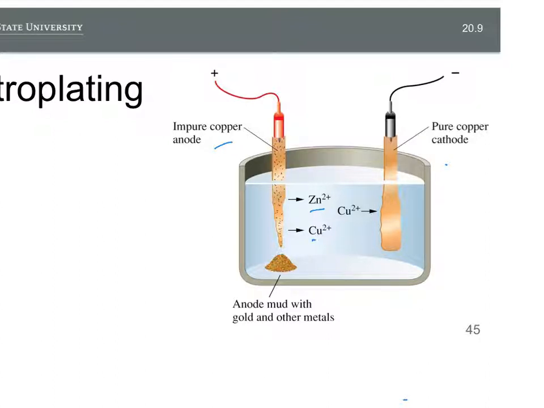So we do this in a way so that zinc does not migrate to the copper cathode. We end up forming more copper on the outside of our cathode and losing copper from our anode, and we end up with sort of a sludge at the bottom from leftover stuff that was not copper.